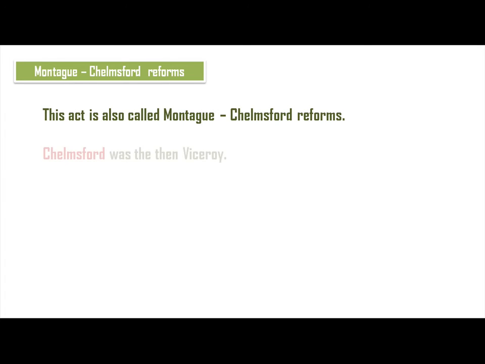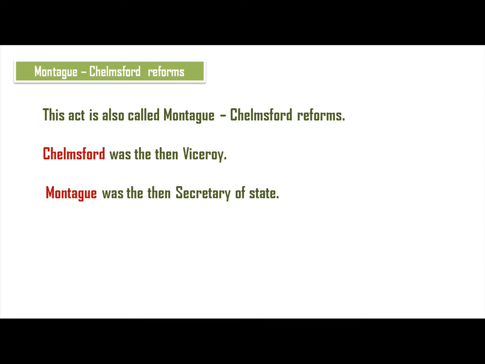Moving on. This Government of India Act 1919 is also called the Montague-Chelmsford Reforms. Why we call it that is because at that time Montague was the Secretary of State and Chelmsford was the Viceroy. You know that in India we used to have a Viceroy. The previous name of Viceroy is Governor General of India, so the Governor General of India has been redesignated as Viceroy.